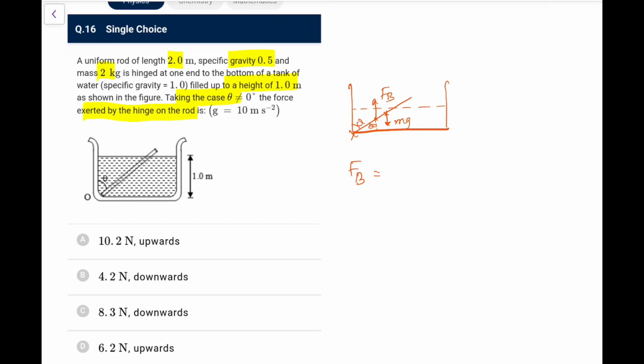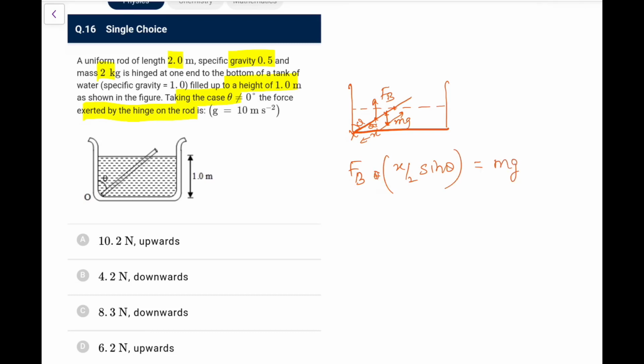So this length would be, in terms of the submerged fraction that we have, let's say x, so that would be x by 2 into sine of theta, FB into x by 2 sine theta, that is the torque of buoyancy.